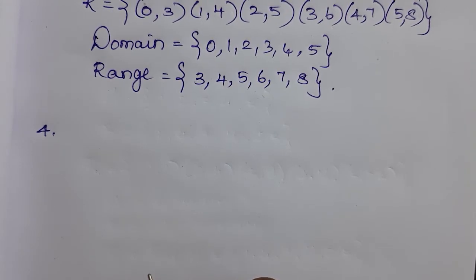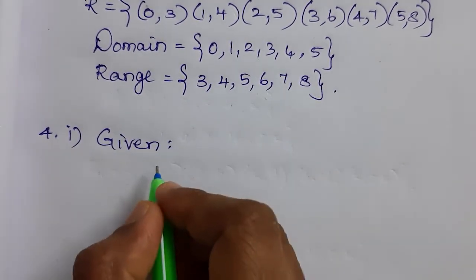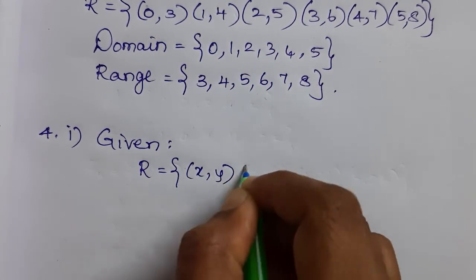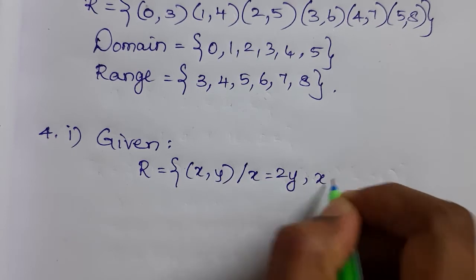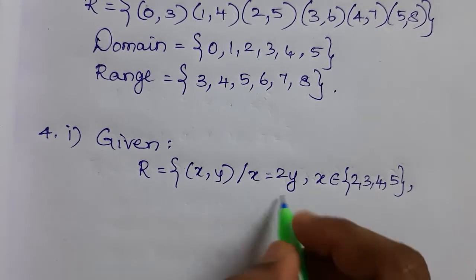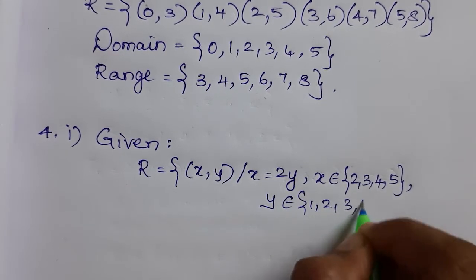So there are two subdivisions. I'll just show you the first one. What is given? You are given a relation {(x, y) : x = 2y}, where x belongs to {2, 3, 4, 5} and y belongs to {1, 2, 3, 4}.